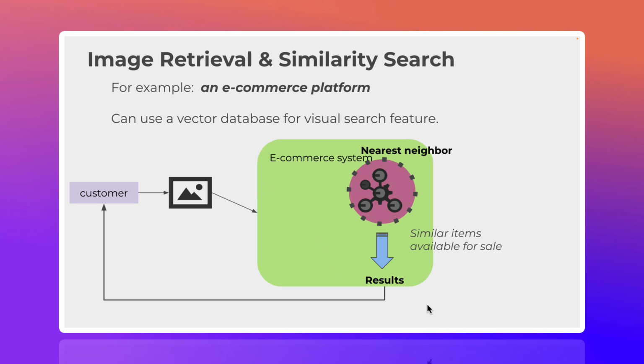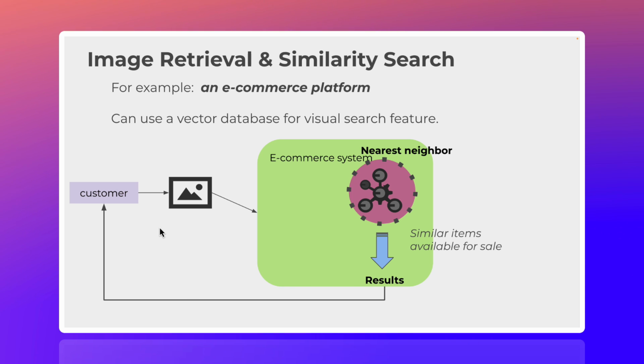Then, of course, we get results and send those results back to our user. You can see here how image retrieval and similarity search could help an e-commerce platform allow users, in real time, to get the results they want by passing in a photo of a certain item they would want to buy, to find similar items available for sale.